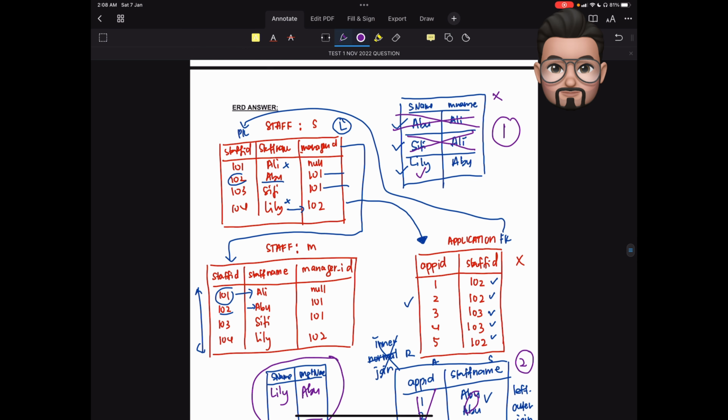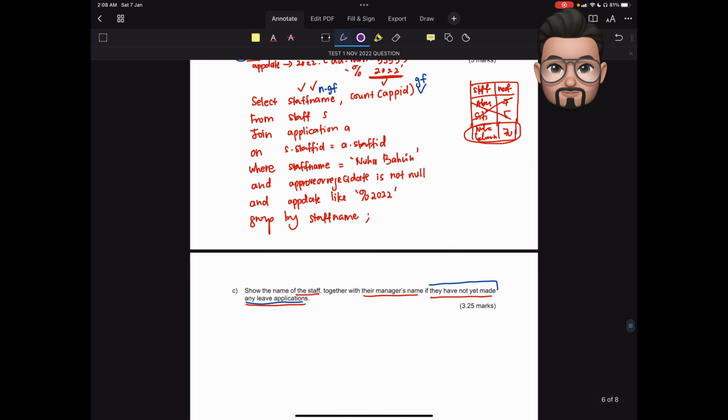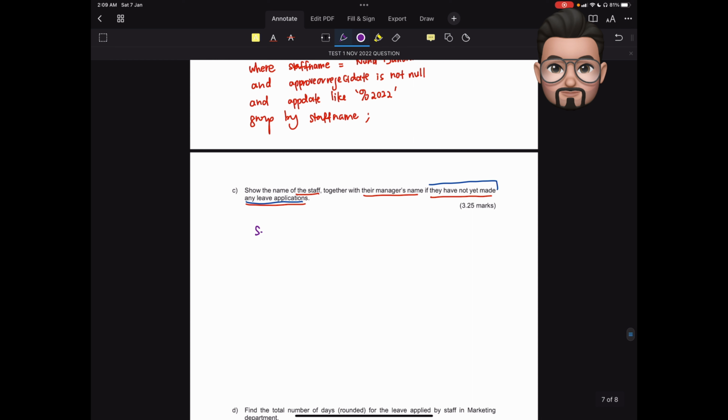I know it looks complex. First, we have to join these two, then left outer join with application. So how to do it? What do we want to select? We want to select staff name, and we rename it as staff.